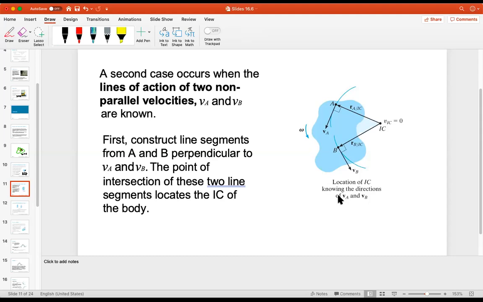Then you can draw lines which are perpendicular to each of them, and where the lines crisscross, that's going to be the center, right? Personally, that's usually an easy one for me to use. I use that one a lot.